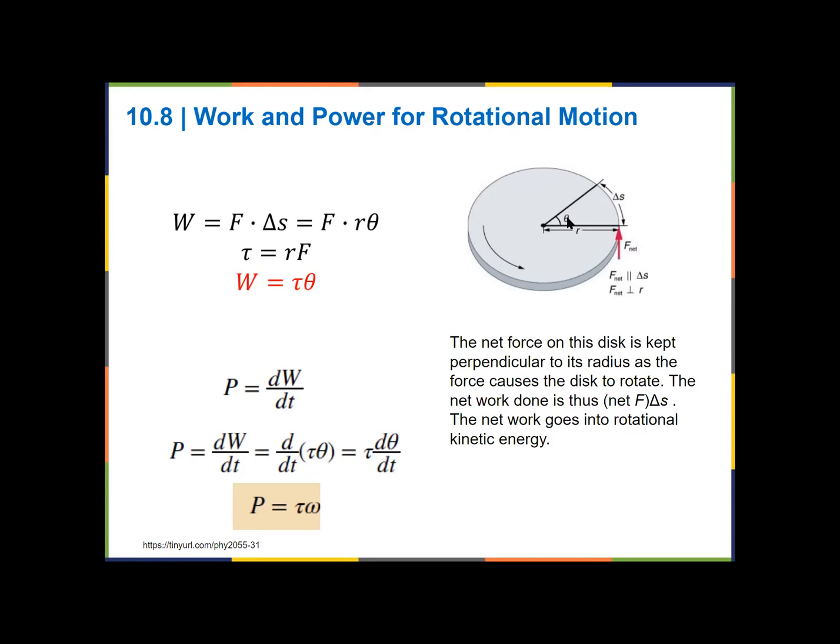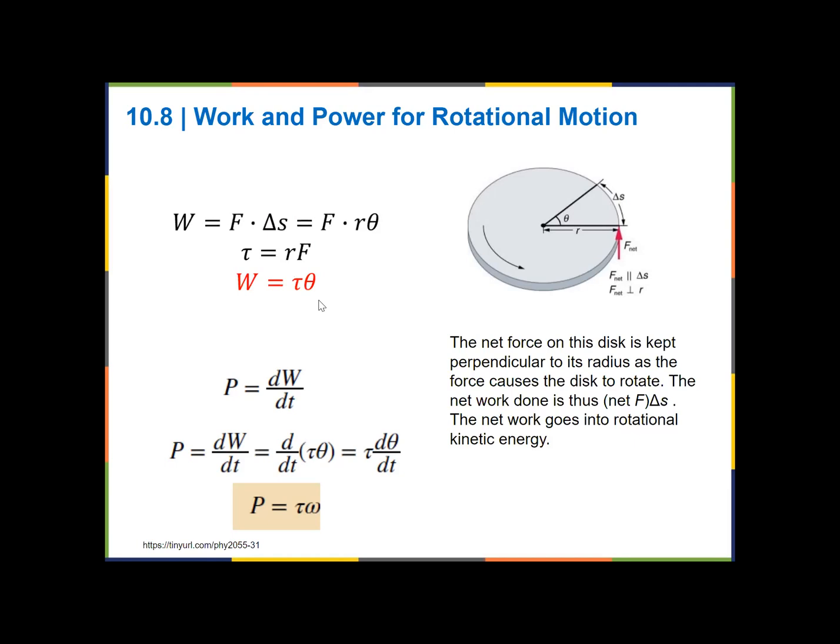Okay, delta s is equal to r times theta. So then F times R times theta. Okay, F times R is the torque, right? So then work in rotational motion should be equal to torque times rotational displacement theta. Okay, so this is similar to F times D, linear force times displacement, but this is rotational motion. So you use torque, the analog for force in linear motion, times the angular displacement theta.